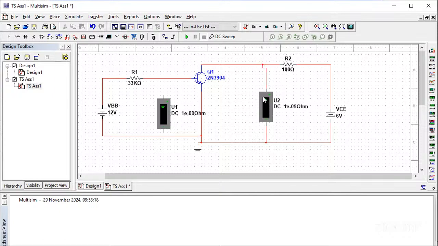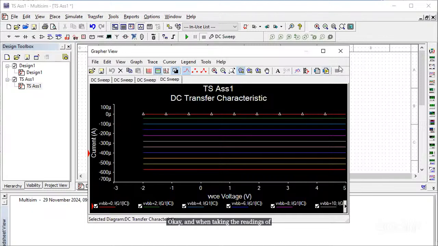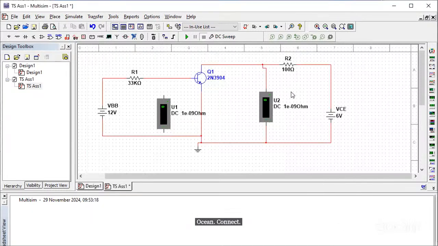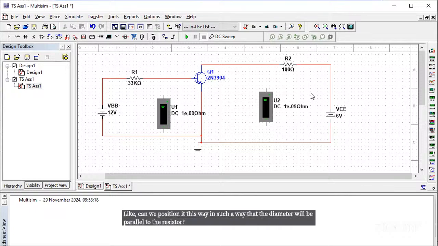Please, I have a question. Yes. When taking the readings of current, do we connect the ammeter in series with the resistor, or can we make it parallel like this? Can we position it in such a way that the ammeter will be parallel to the resistor, or we have to make it in series?